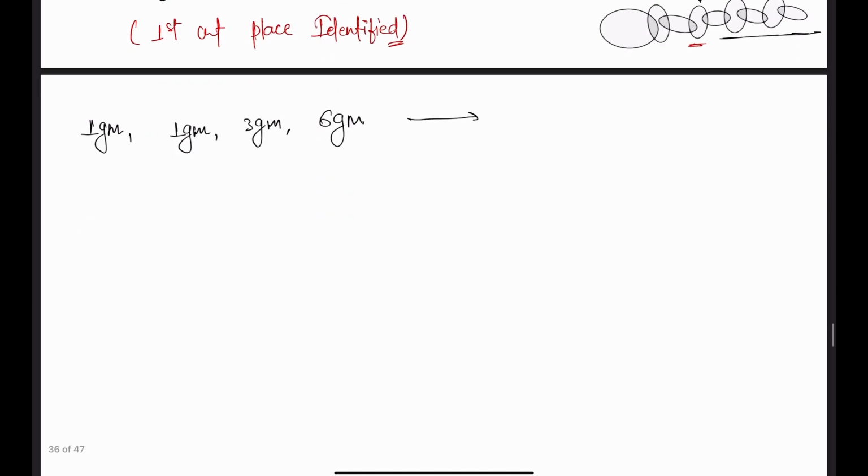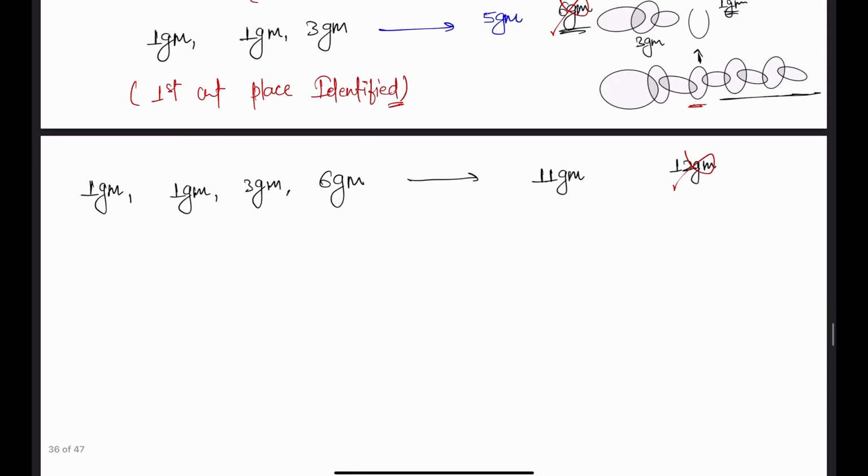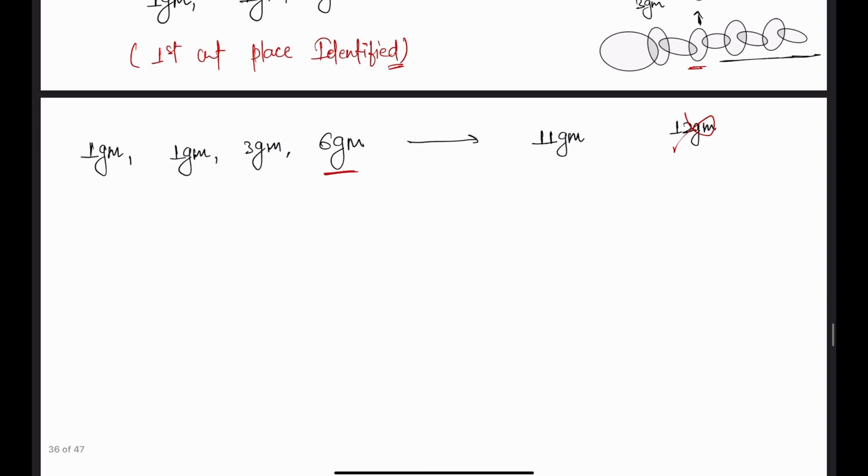It will be 6 plus 3 is 9, 10, 11, till 11 gram we can measure. 12 gram is something we cannot measure, so cross it. 3 gram is identified, and now 6 gram is also identified, this is where the second cut place is identified, right?